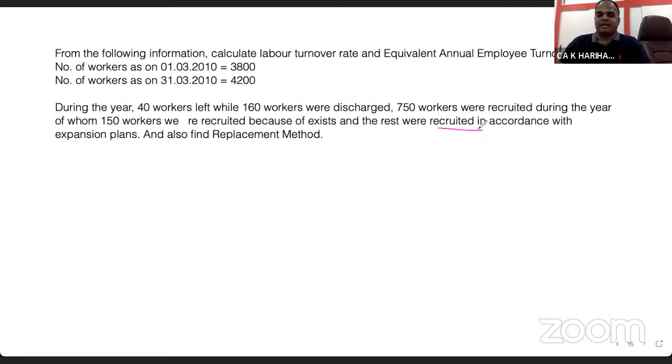So whenever with expansion comes into the picture, what formulas do you have to apply? Separation method, then accession method, then flux method. That's the reason they are given. Also find the replacement.